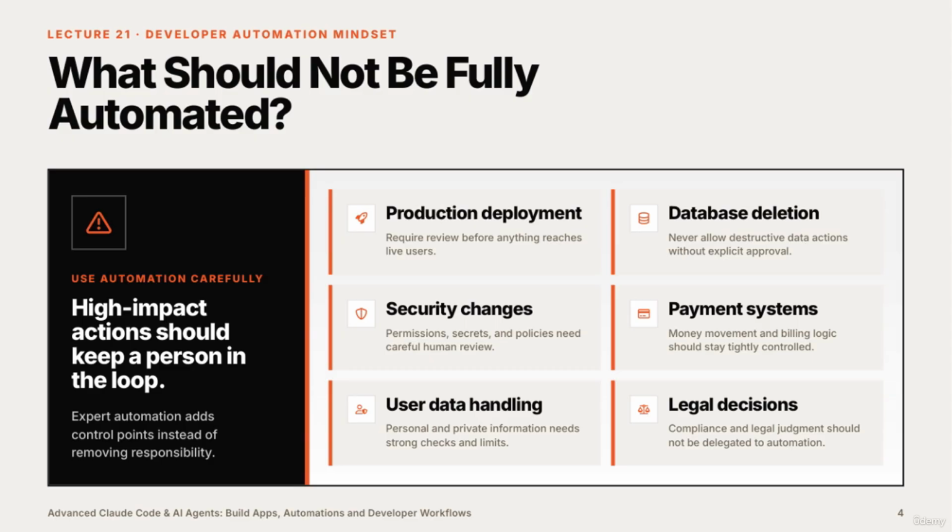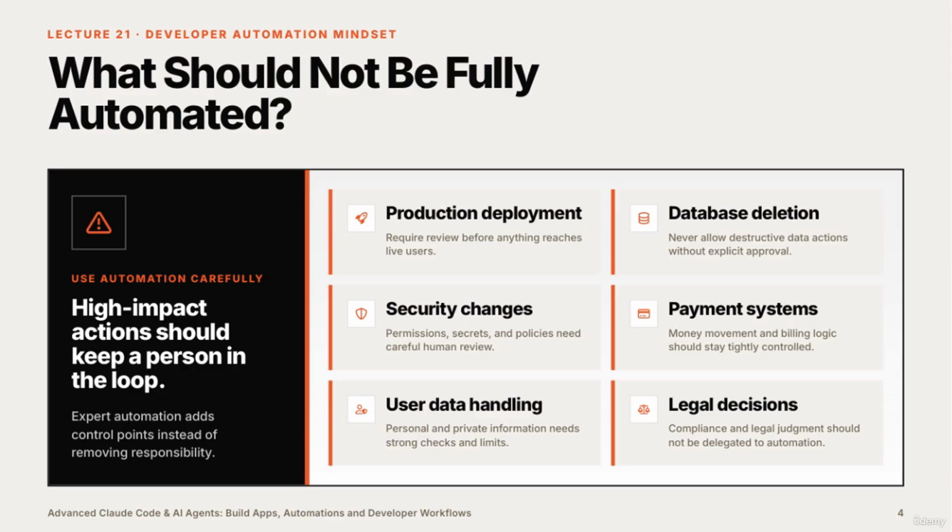Handling user data, especially personal and private information, must include strong checks and limits to protect privacy. Finally, when it comes to legal decisions, the judgment and compliance responsibilities should never be handed over to automation. These matters require a human touch to interpret laws and regulations correctly. In summary, while automation can boost efficiency, we must implement it with caution and keep humans engaged where decisions have significant impact.